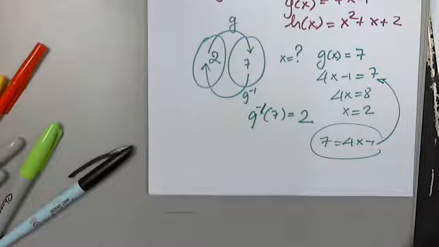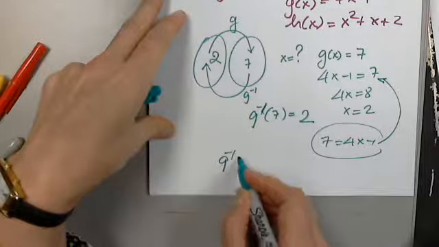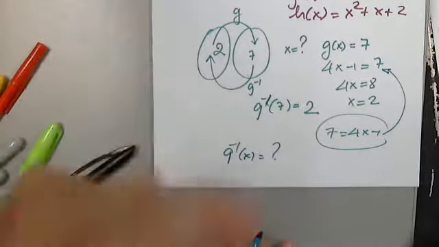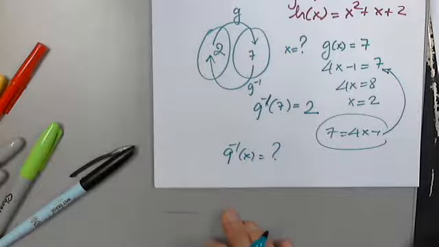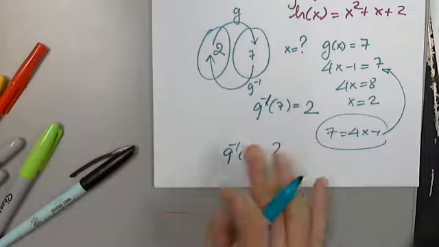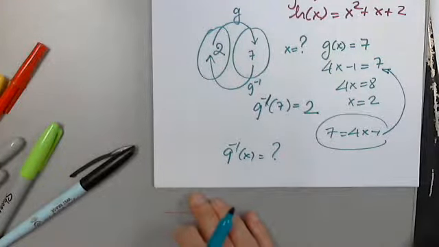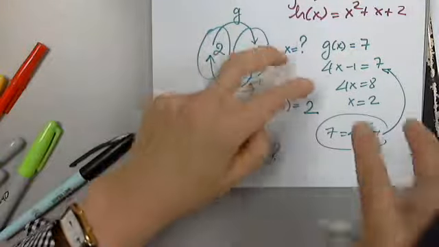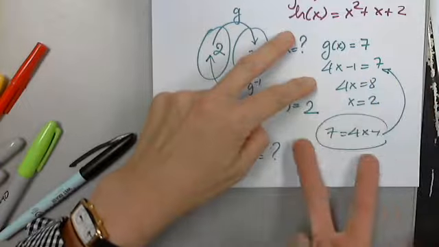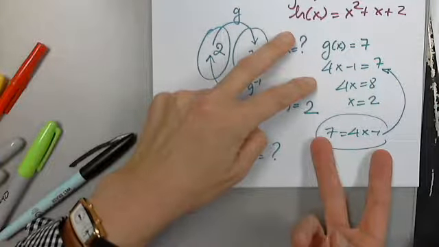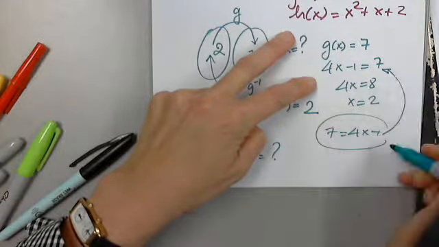You don't have g inverse. You want to calculate g inverse? If you calculate g inverse, then you can plug in 7. That's another way. Actually, it's a very legitimate way. But 4x minus 1 equals 7 is the same as 7 equals 4x minus 1. So there is nothing different here.